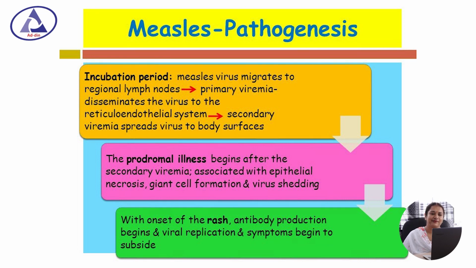Then secondary viremia spreads into the body surface, and prodromal illness, that means fever, cough, etc., occurs, associated with epithelial necrosis, giant cell formation and profuse viral shedding. The disease transmission mostly occurs in the period of prodromal illness. Then with the onset of rash, antibody production begins and viral replication and symptoms begin to subside within 5 to 7 days.